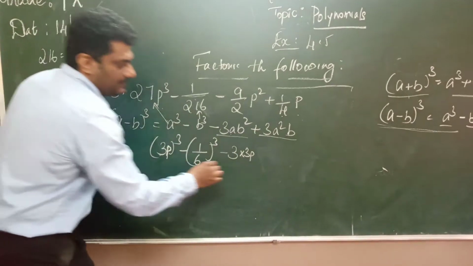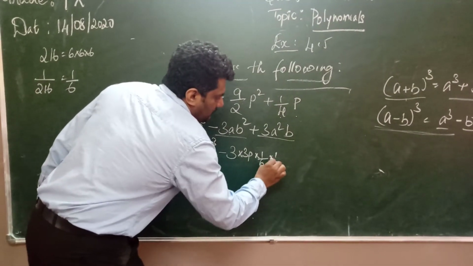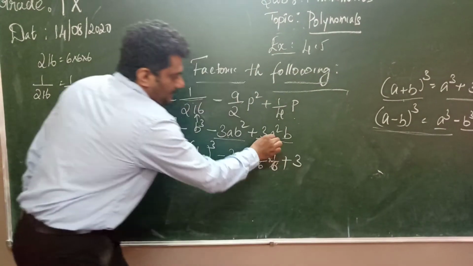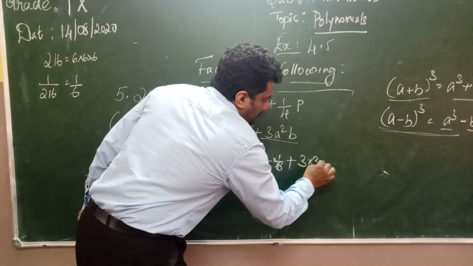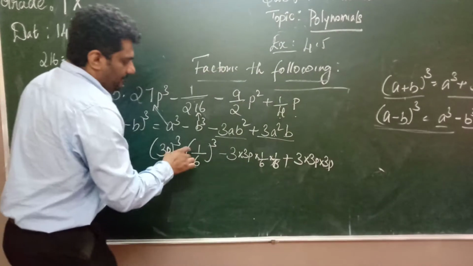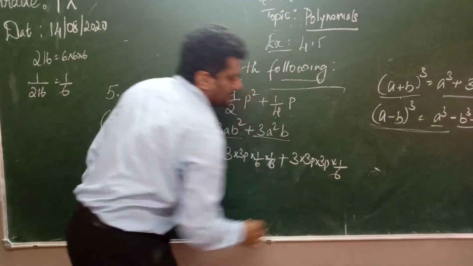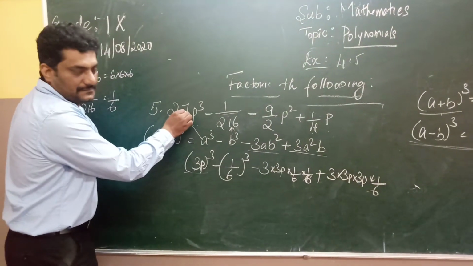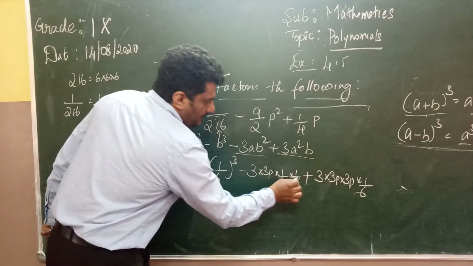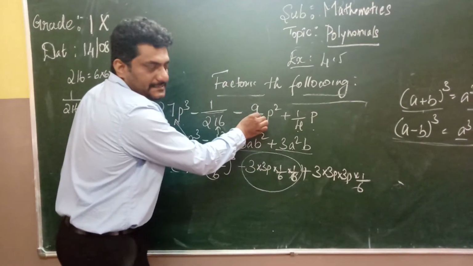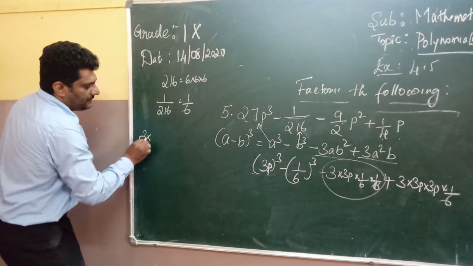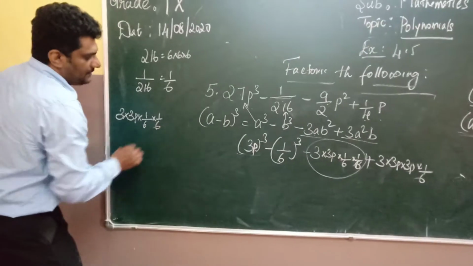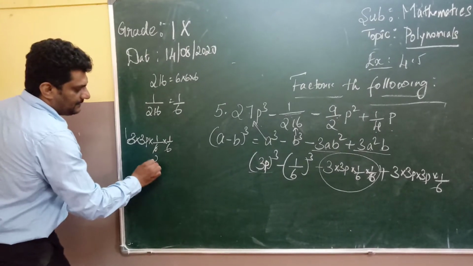Value of b? 1 by 6. 1 by 6 into 1 by 6 plus 3 as it is. Value of a is 3p. 3p into 3p. Value of b is 1 by 6. Now here, the first term we get 27p cube as it is. This we get. Now this if I simplify, do we get this one? Let's check. 3 into 3p into 1 by 6 into 1 by 6. 3 ones are 3, twos are.